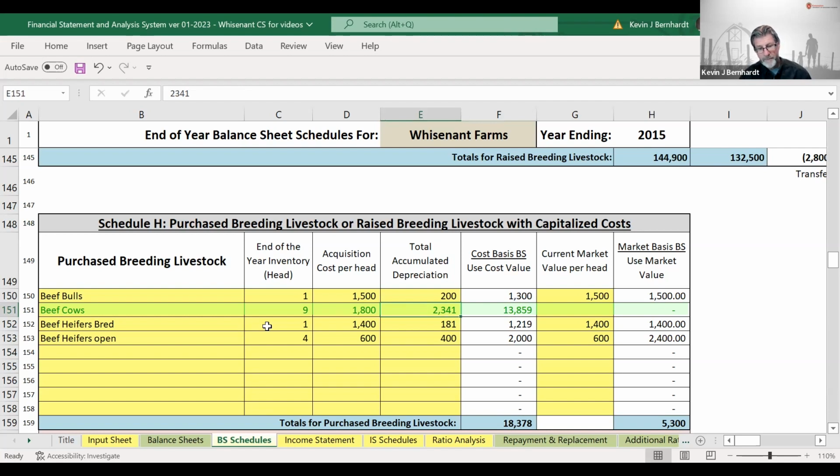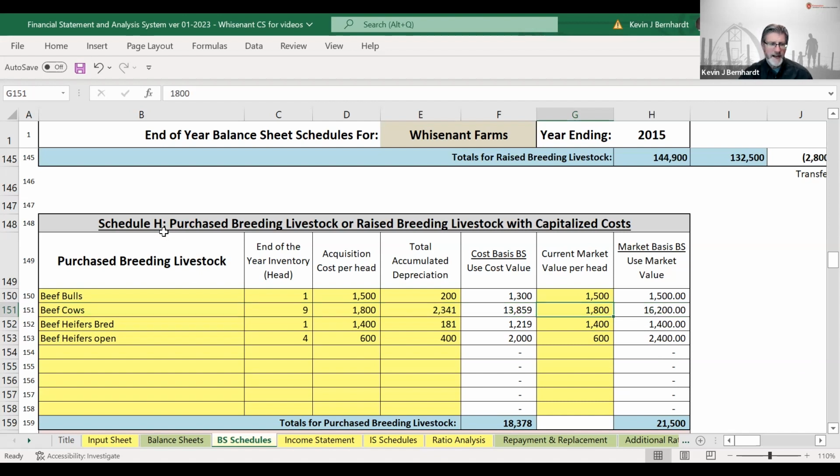But it is a mathematical process needed to estimate what that depreciation cost is. In the case of Wisnet Farms, the market value is also $1,800. Now, in this case, that is the same as the acquisition cost, but it didn't have to be. It just happened to be in this case, but certainly it could be different.